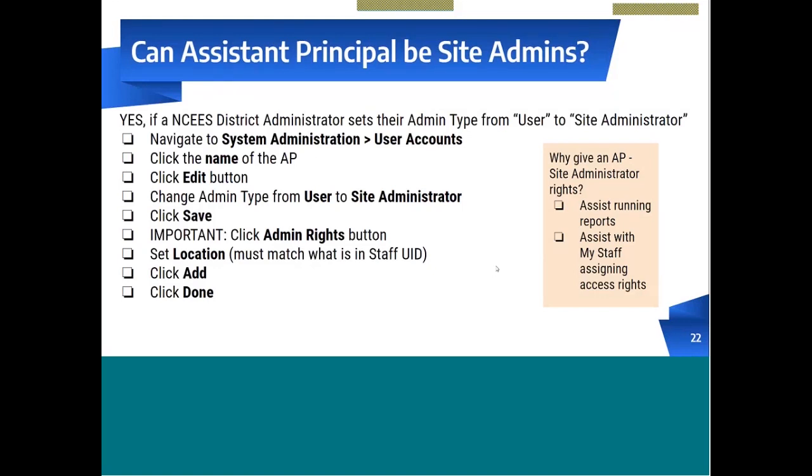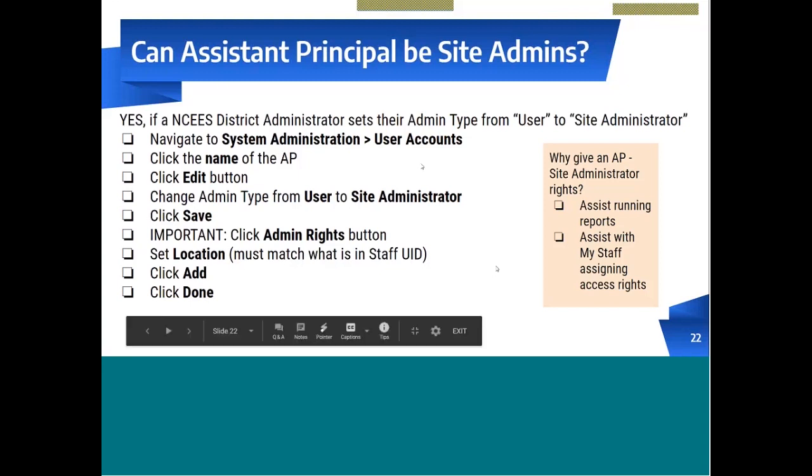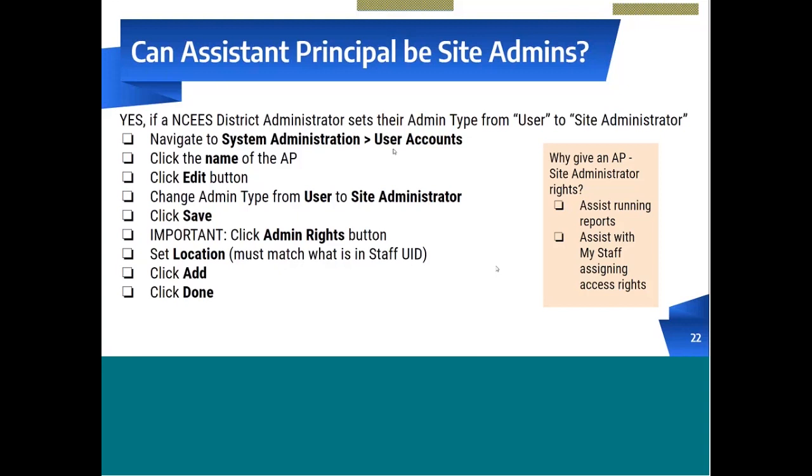So if they need to see others, somebody needs to assign them access rights to an evaluation, to a PD office. They need to get access rights. If they need to run reports, can you give them that access? Or they have to be a site administrator to be able to run those reports. This does not give them access to become evaluators for everybody in the system. It does not assign them that right because they don't have code 114.